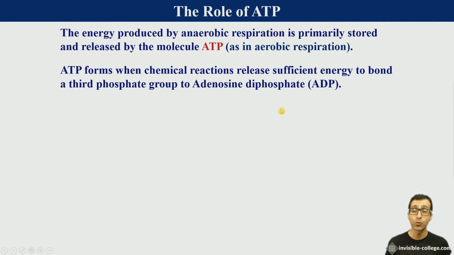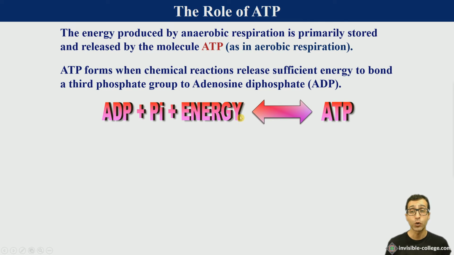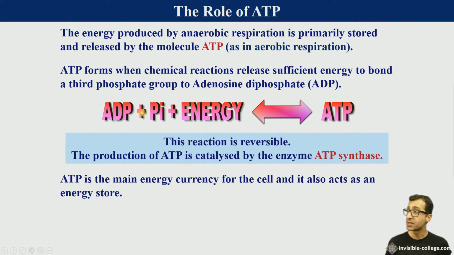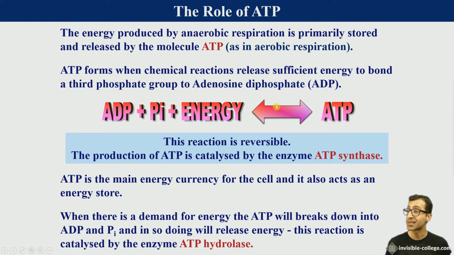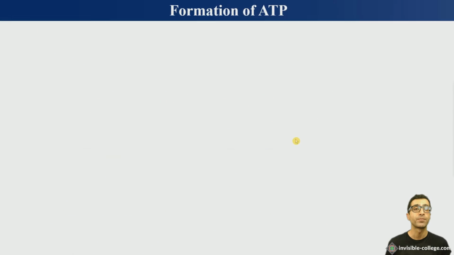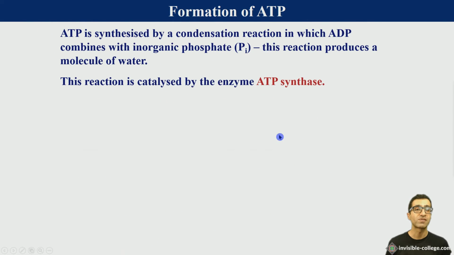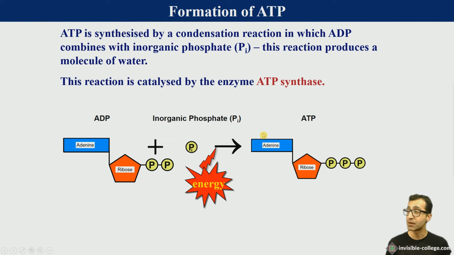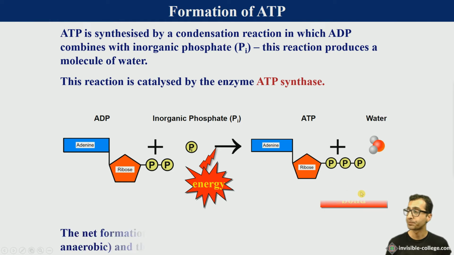ATP forms when the chemical reactions involved release sufficient chemical energy to bond that third phosphate group to the ADP molecule. So this is reversible. The forward reaction to produce ATP is catalyzed by ATP synthase, and the backward reaction is catalyzed by ATP hydrolase. This is what we've seen before, and again, ATP is the energy currency of all living systems.